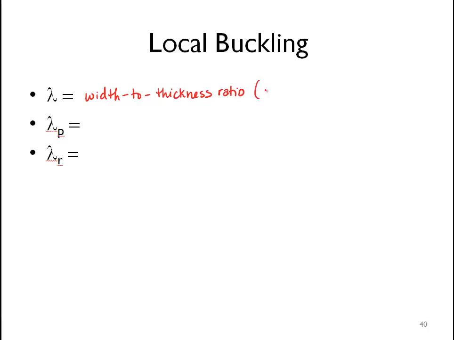This could be for any element in a cross-section, such as a flange, a web, leg of an angle, stem of a T, and so on. Lambda sub p is going to be a value that we're going to calculate using the tables in chapter B of the specification, table B4.1. And lambda sub p is the upper limit for the compact category.